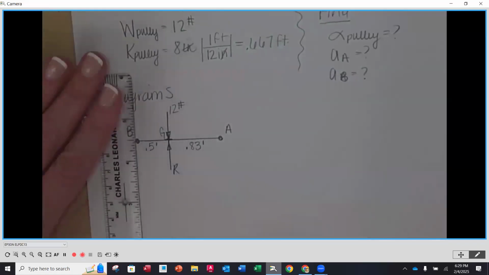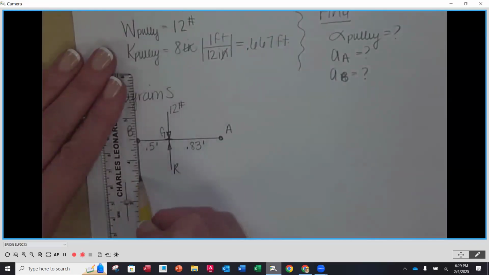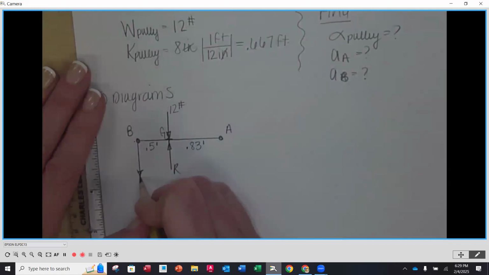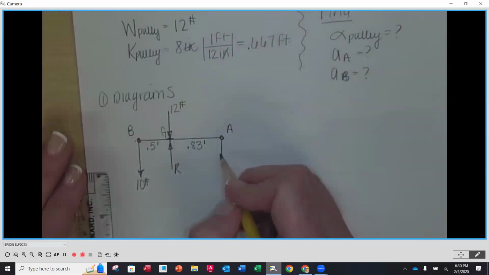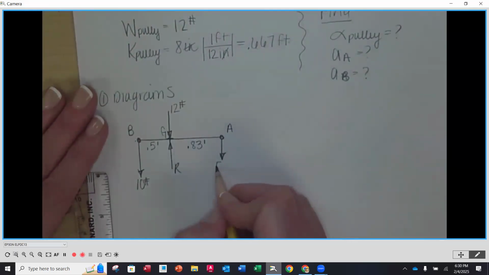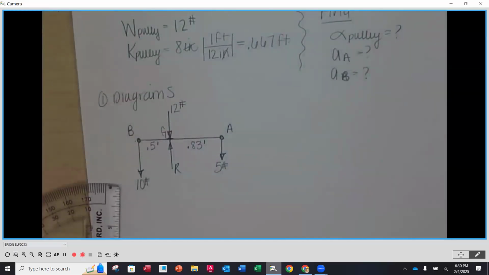We also know that block B going down is 10 pounds and block A is 5 pounds. Both of those are directed downward because those are blocks that are hanging. So that's our static side, the external forces that are present.